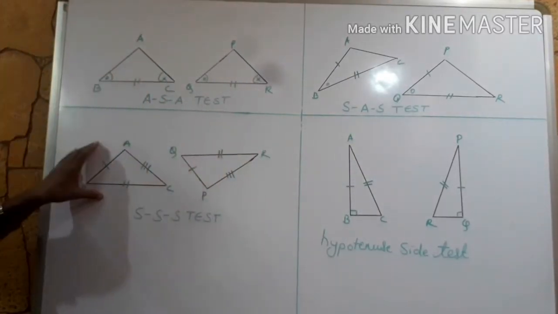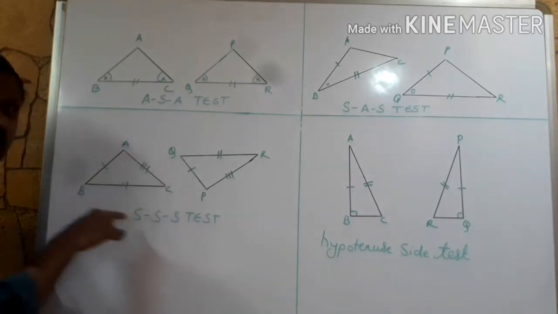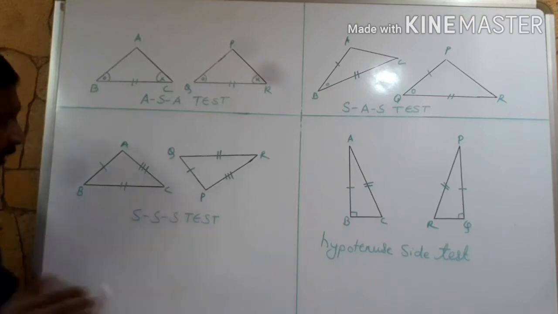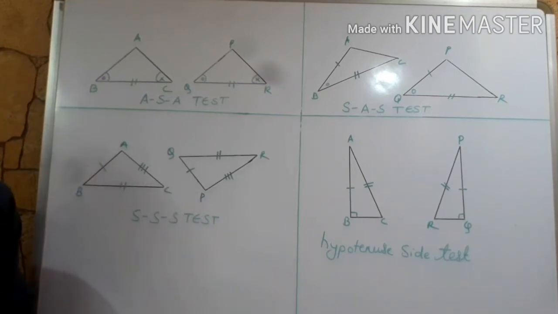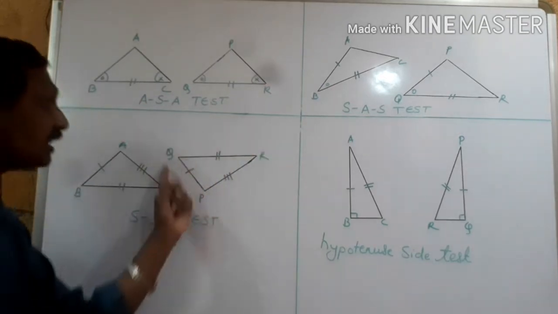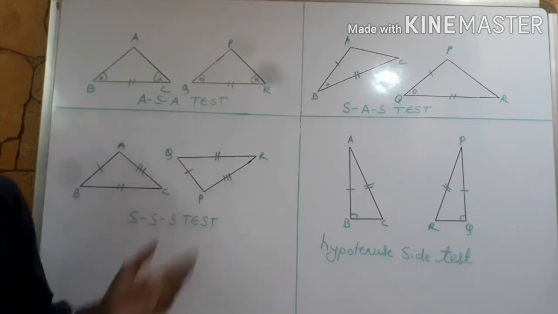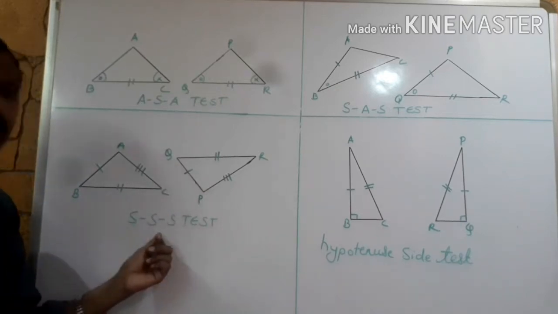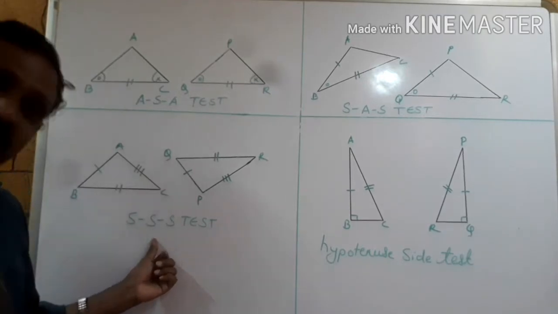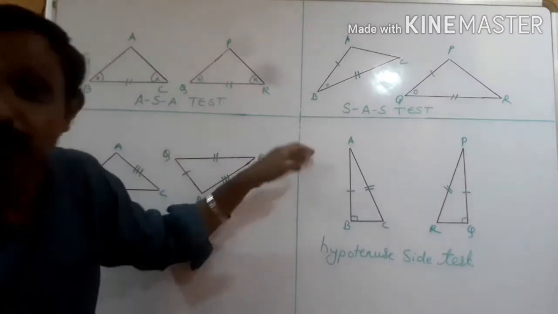Further, in a correspondence, if three sides of triangle ABC are equal to three sides of triangle PQR, then the two triangles are congruent by SSS test, which is called the side side side test. Next, hypotenuse side test.